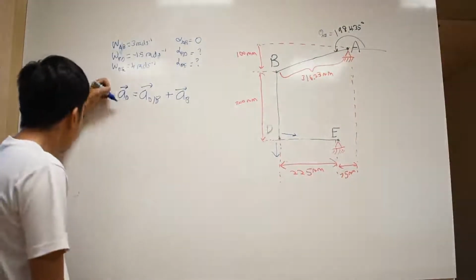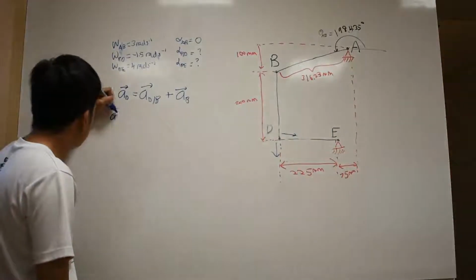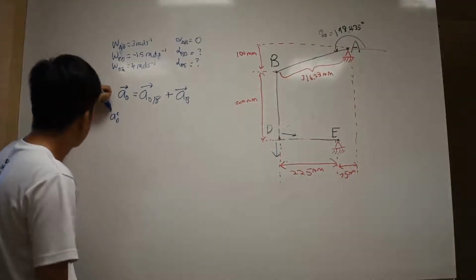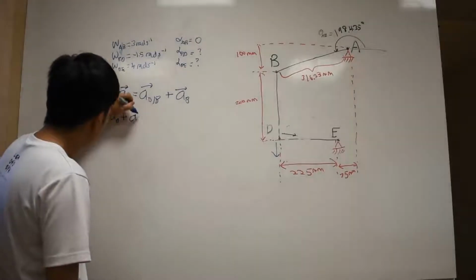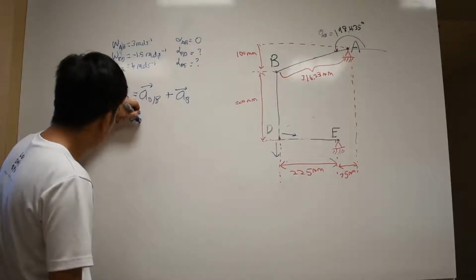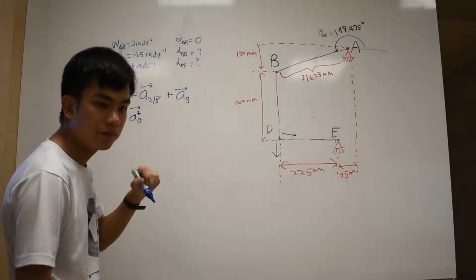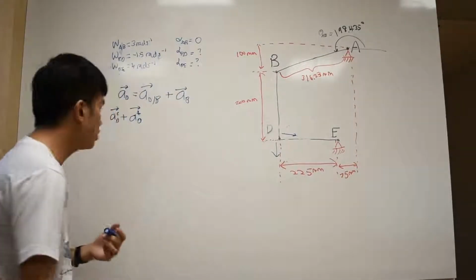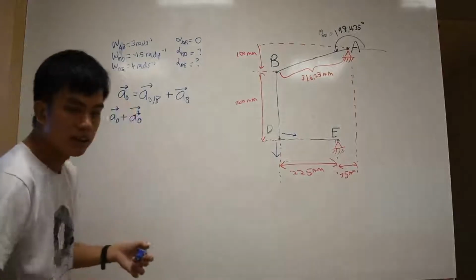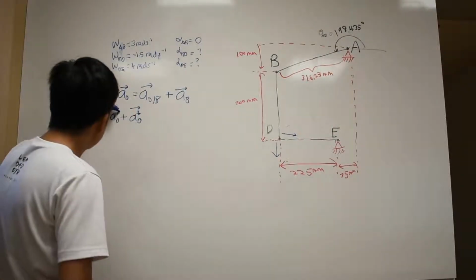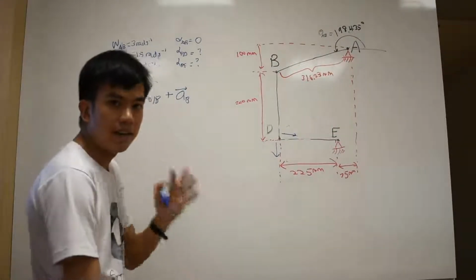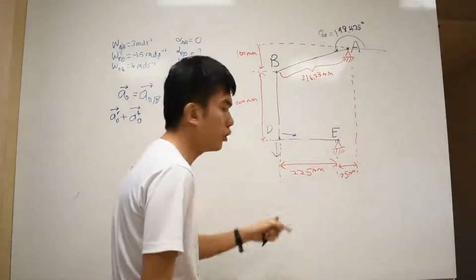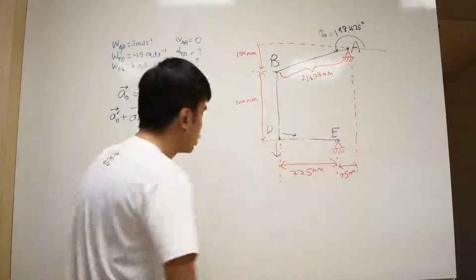Acceleration of D is equal to the centripetal acceleration of D plus the tangential acceleration of D. Or in class notation, it is more convenient to write A with subscript r, the radial acceleration, meaning it's pointing in towards the center of rotation.